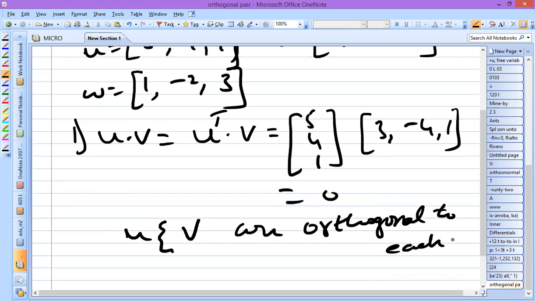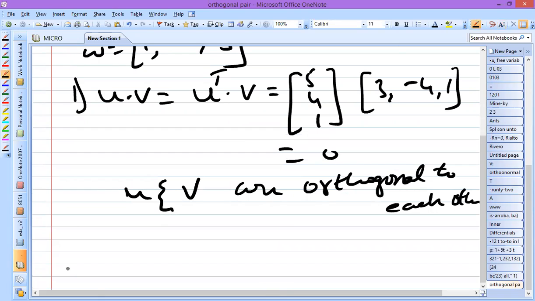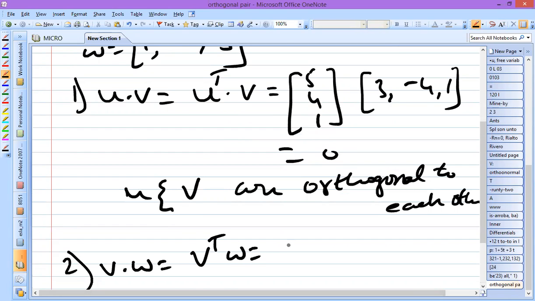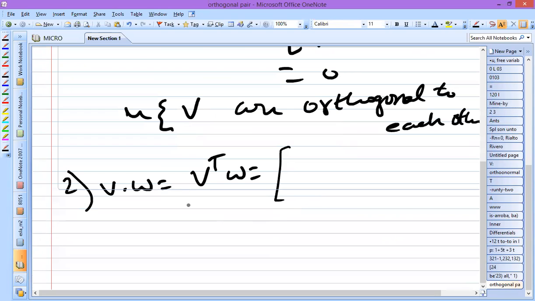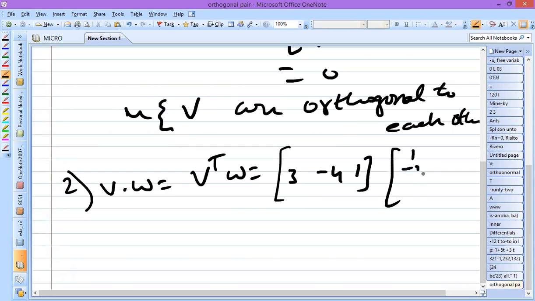Next, check for V and W. So next V dot W, which is written as V transpose W. How much do we get? 3 minus 4 1 multiplied with 1 minus 2 3.